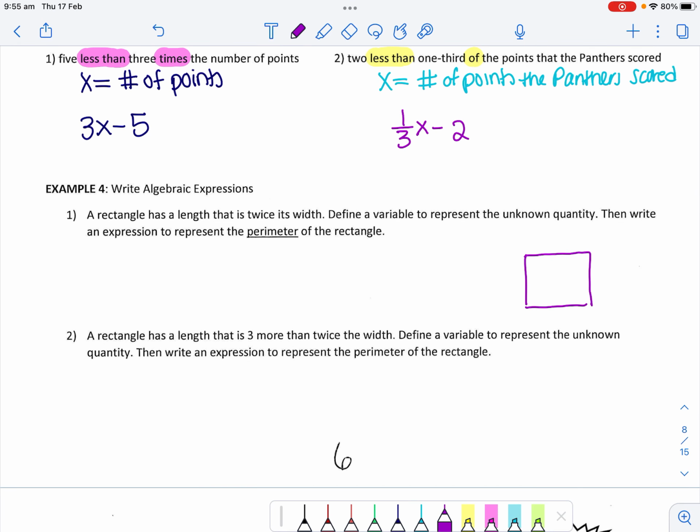I'm going to have x represent the width of the rectangle.